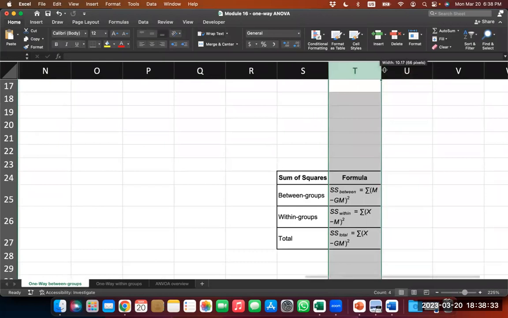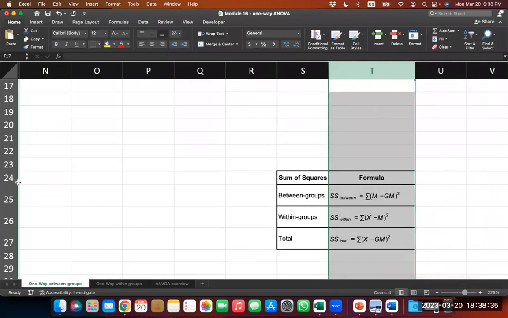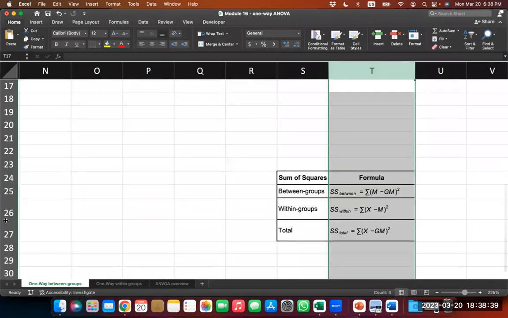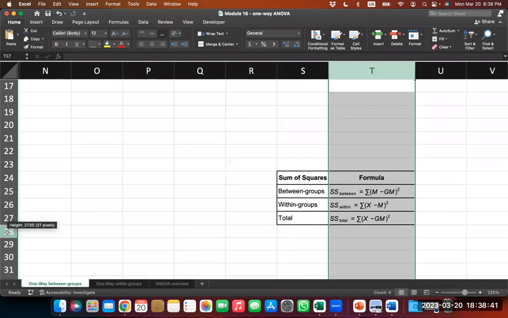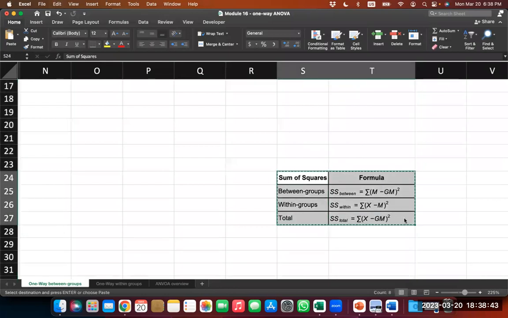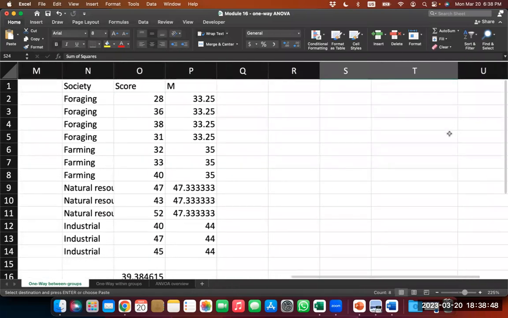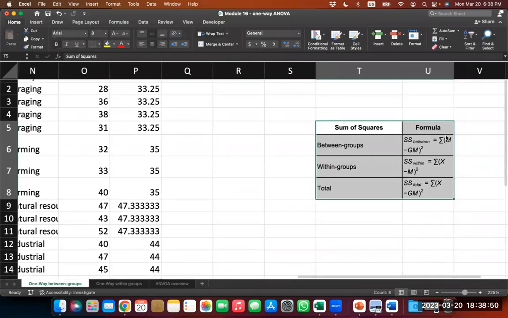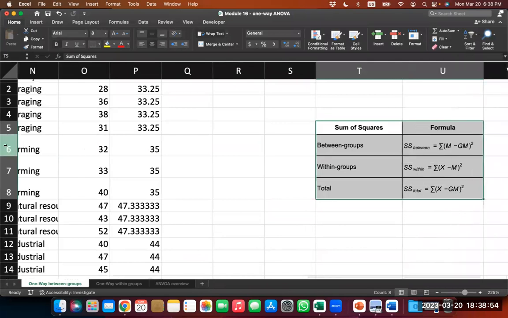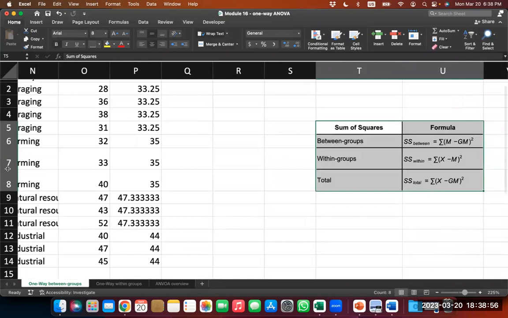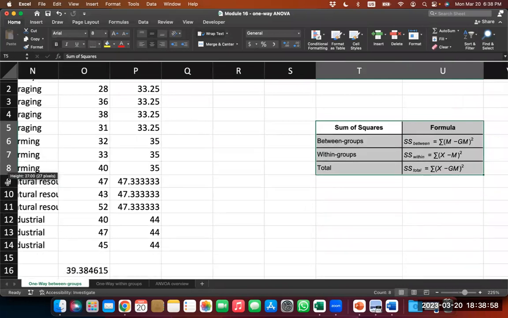So now we have the formula here, and we have our 3 different sums of squares that we're calculating.